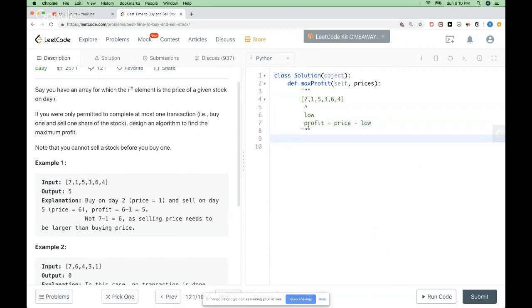So we'd have a low and a profit. The low needs to start as the max value, so that when we compare it with any other value, we'll get that other value, and profit starts out at 0.